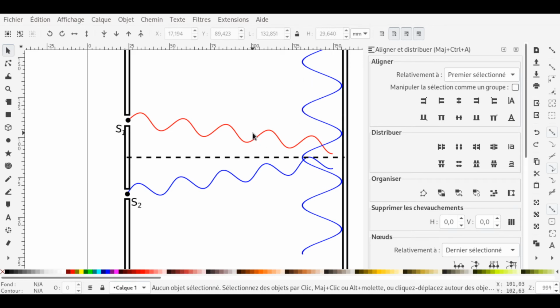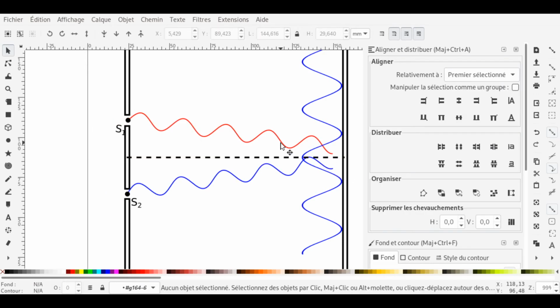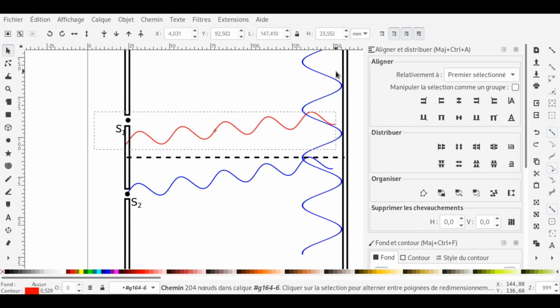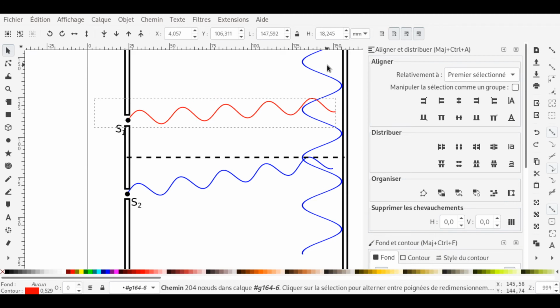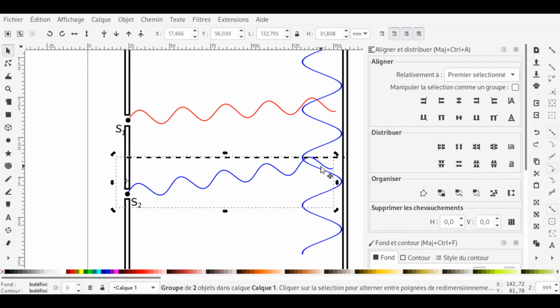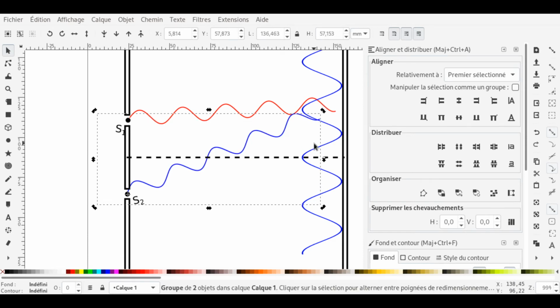In the other bright fringes, I'll take, for example, this one, it corresponds to light starting from this slit, hitting here, and light starting from this slit and going to the same place.